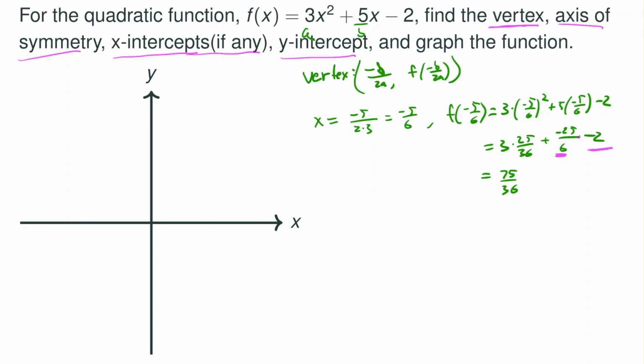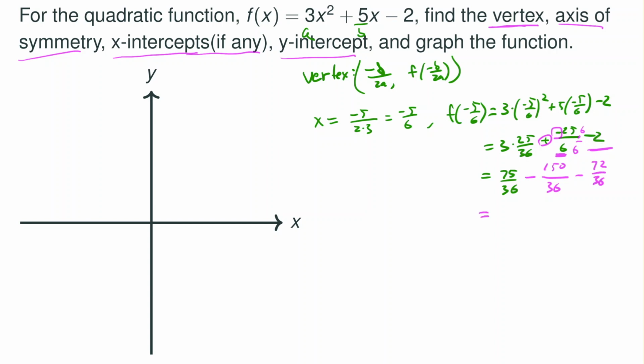So I can multiply here by 6 over 6. Then I get minus 36 in the denominator. And 25 times 6, well, 25 times 4 is 100, and we have 2 more 25 left, so it'll be 150. 150 minus 72 over 36, which is the same as 2 right here.